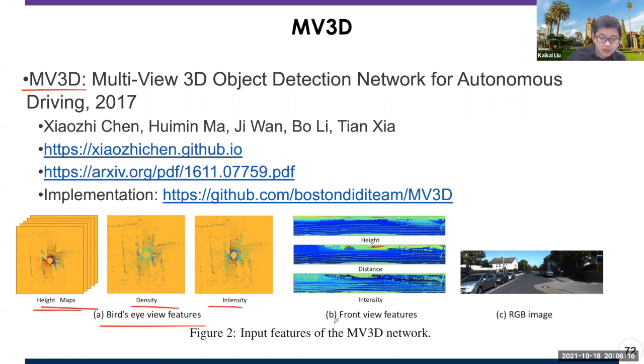LiDAR also can have front views. Then you have the RGB image. This is your input. How to use this input in the fusion process? They still do the mapping process, using both bird's eye view, front view, and the RGB image.